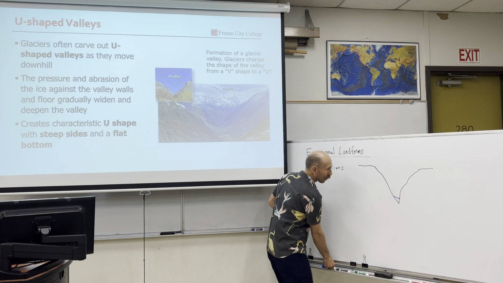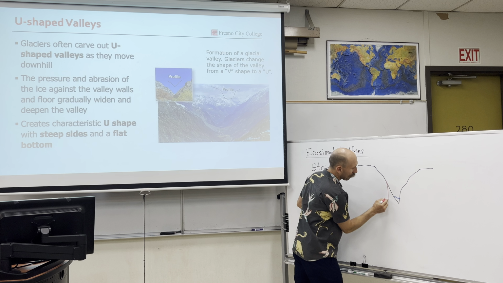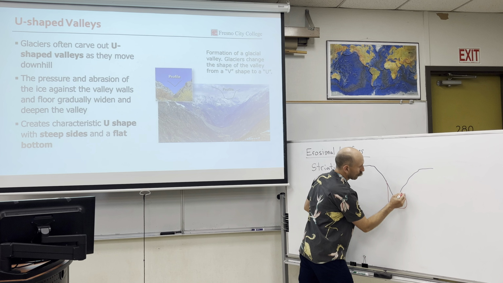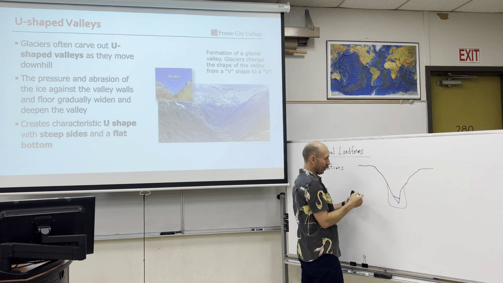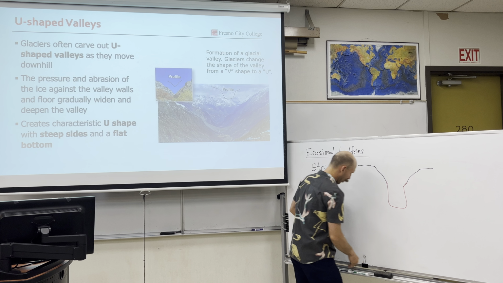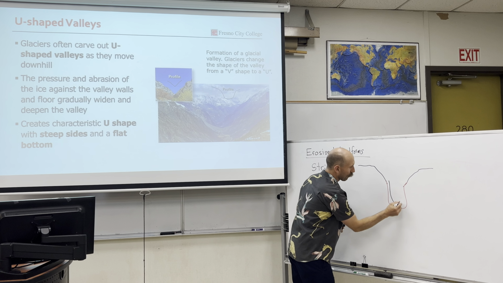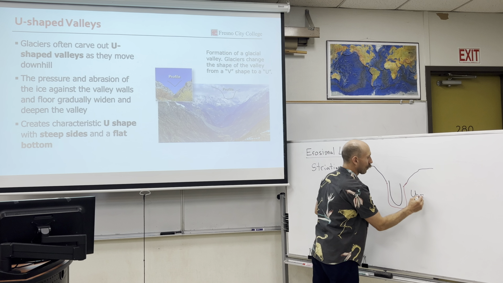Now, when a glacier comes in, it might fill up that valley, carve down, and transport all that sediment, because glaciers are incredibly powerful agents of erosion. And now they form a U shape.